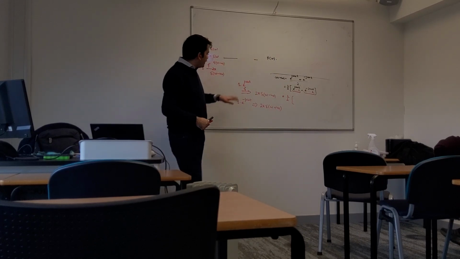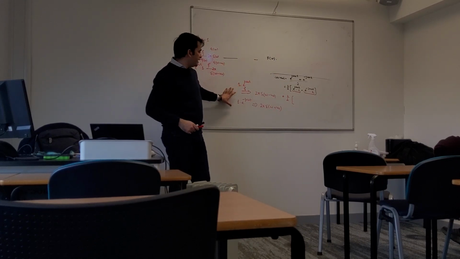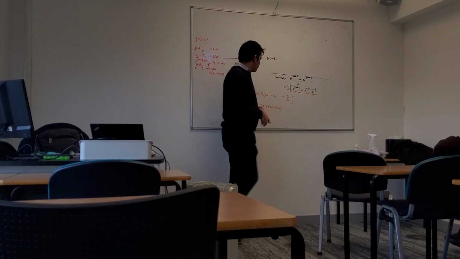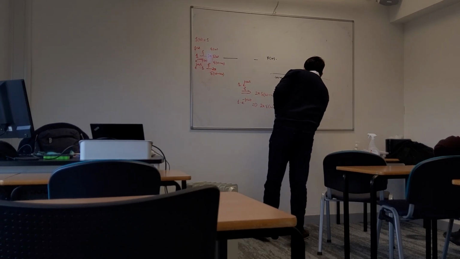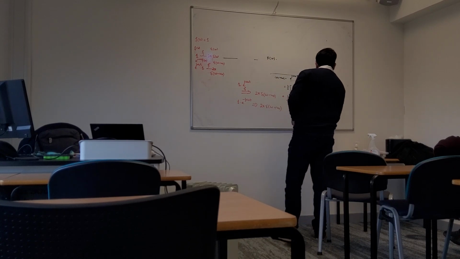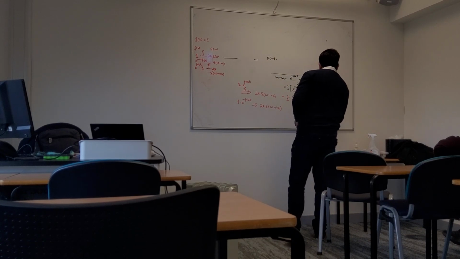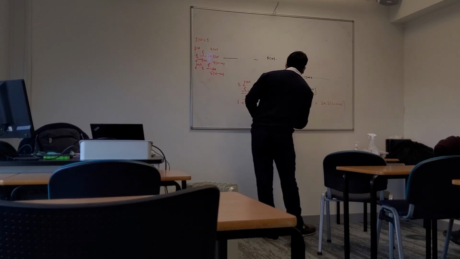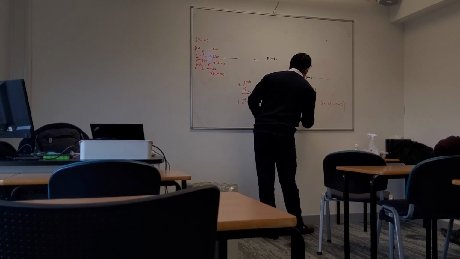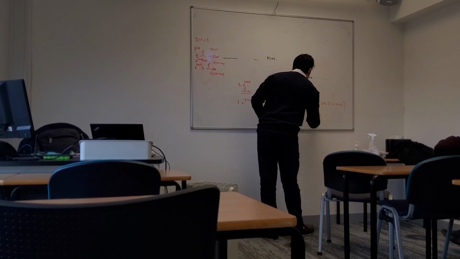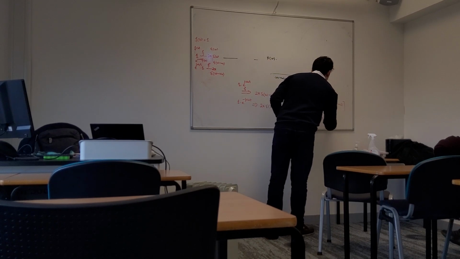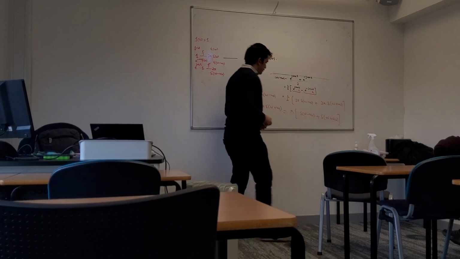So I know from the duality property that these two hold, and if I put them here, it would be 2 pi delta omega minus omega naught plus 2 pi delta omega plus omega naught. Finally, if I take 2 pi common, it would be delta omega minus omega naught plus delta omega plus omega naught.